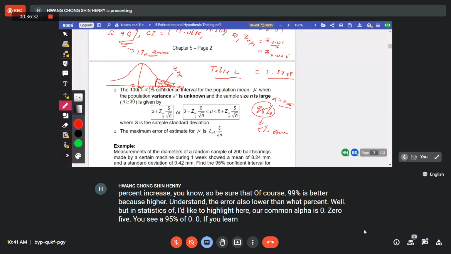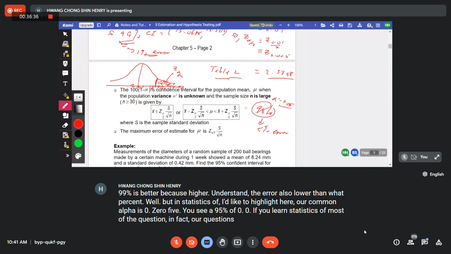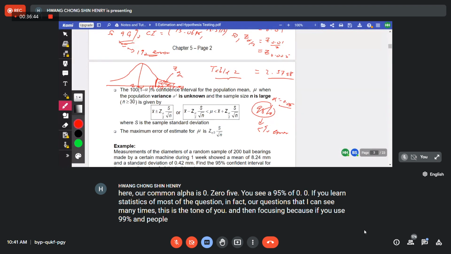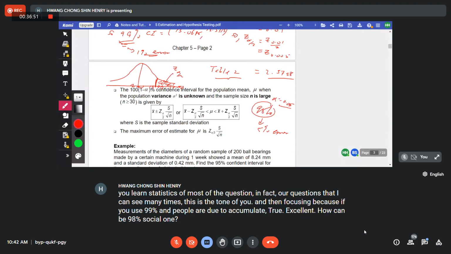If you learn statistics at a higher level, most of the questions, in fact our questions later on, you can see the alpha many times. This is the common alpha we use: 95%. Because if you use 99%, people argue it's too accurate. How can you be 99% so sure? This was the argument last time.